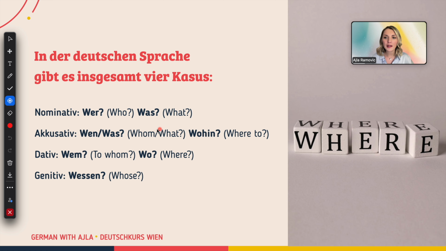Starting off with nominative, here we are using the questions wer oder was, in German, who or what. Meaning, if a word, for example a noun in your sentence, can answer the question wer oder was, who or what, then this word will be in Nominativ.